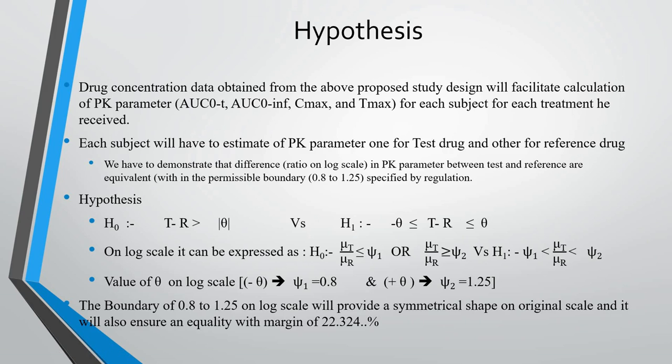If both are rejected, meaning T by R ratio less than psi 1 is rejected, and simultaneously T by R greater than psi 2 is rejected, then I can conclude that yes, the T by R ratio may be between psi 1 and psi 2. So the null hypothesis is a composite of two, and the alternate is one. That is my conclusion.